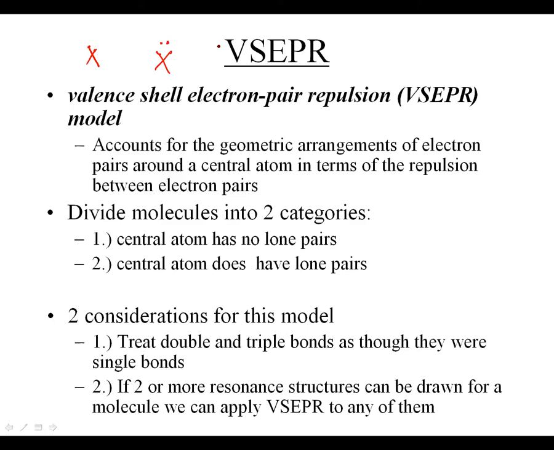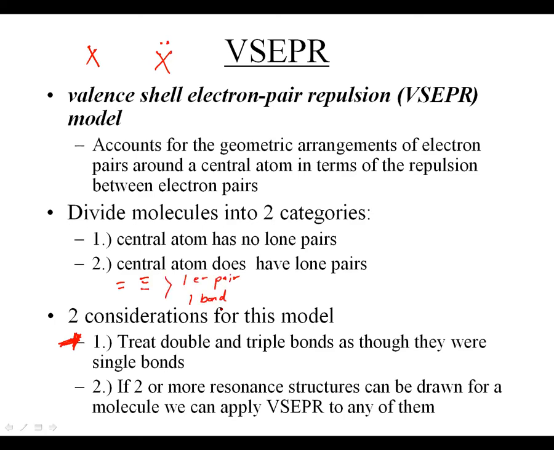A couple of things to think about when you do geometry. The first one is really the most important here, which is down here. So when we are doing geometry, no matter whether you have a double bond or a triple bond that you draw, these count as one electron pair and one bond.